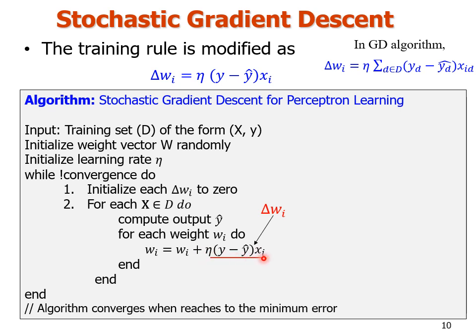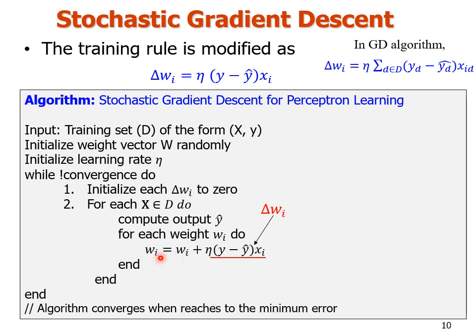Please note here, in contrast with the earlier gradient descent algorithm, here we are computing the error for an individual example, and immediately after computation of the error we are updating the weight Wi.